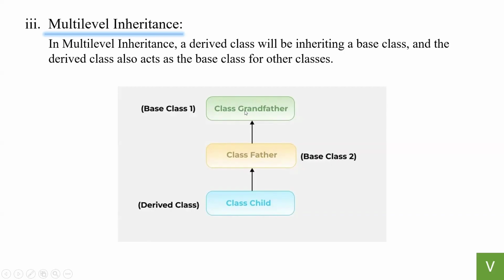Class father can be derived from the grandfather. Similarly, class child can be derived from the class father. Observe the structure of multi-level inheritance. It consists of various levels. So this is the structure of multi-level inheritance.